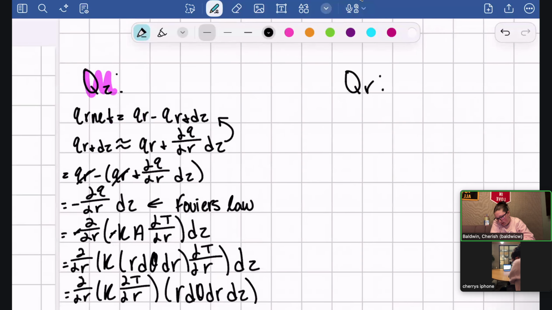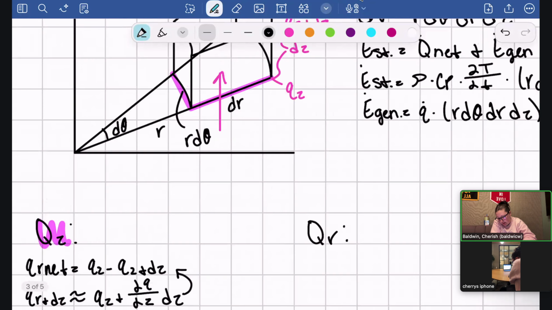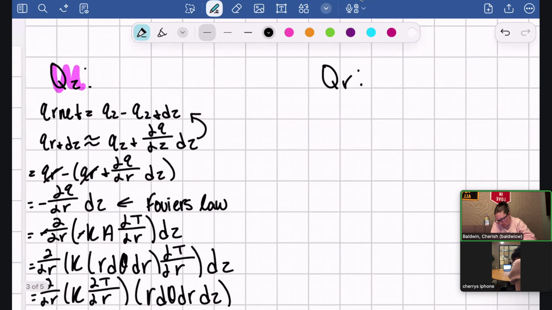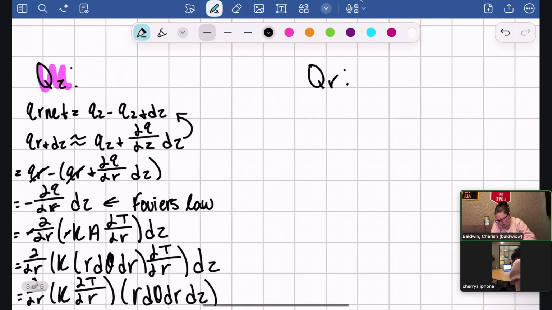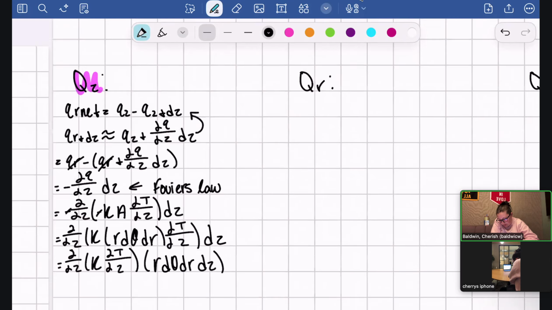I don't know why I'm writing r. It's z. All of these are z, because I just defined it as z earlier. I'm going to fix that really quick. Here we go. Okay.